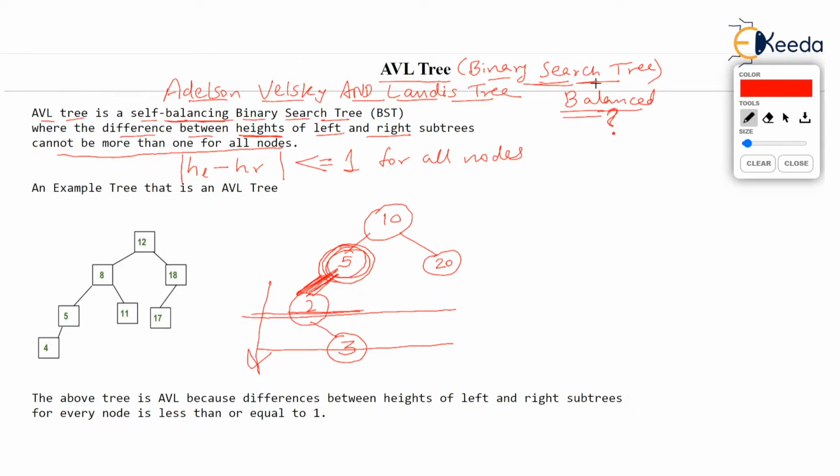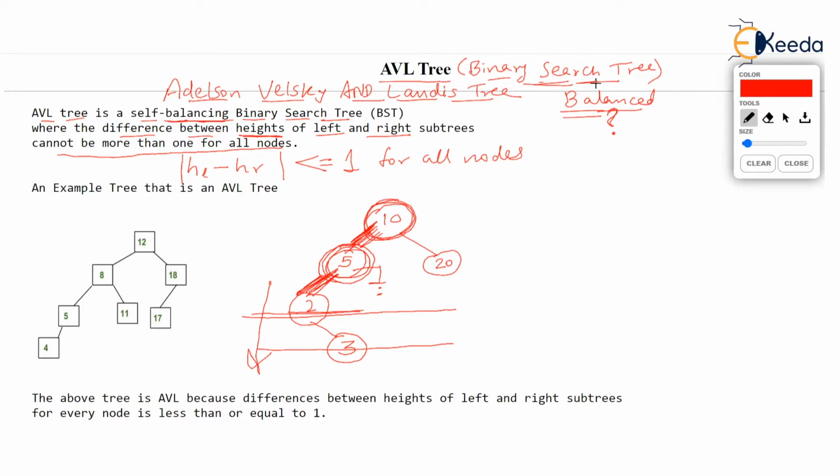What is right height of 5? Now you can see that the right pointer of 5 is null. So the right height of 5 is 0. Okay, just see. What is the left height of 10? 10 is the root. If you take this left branch of 10, how many levels deeper can you go?